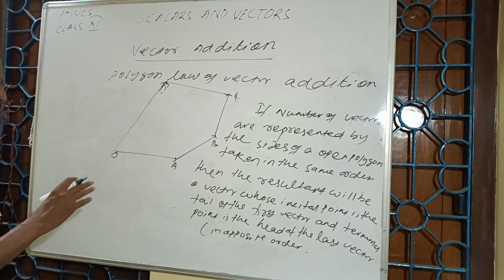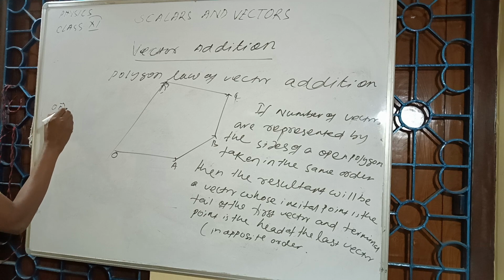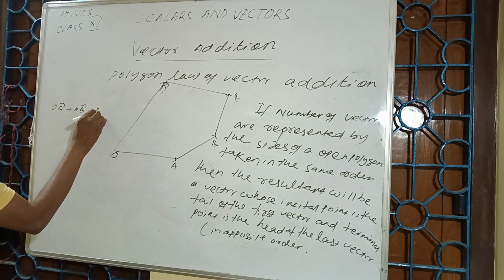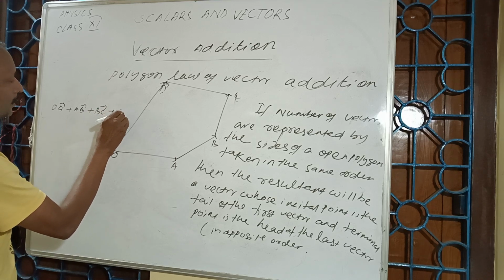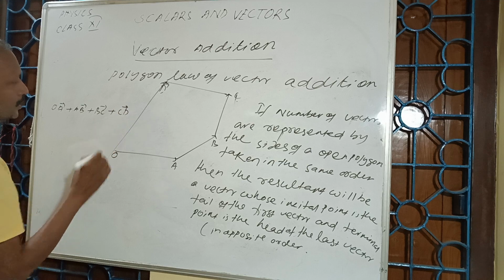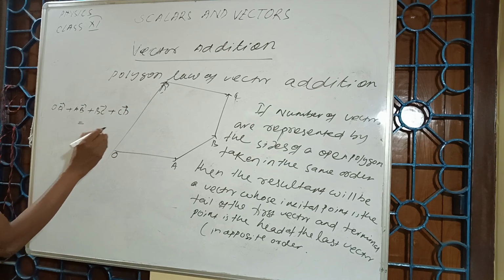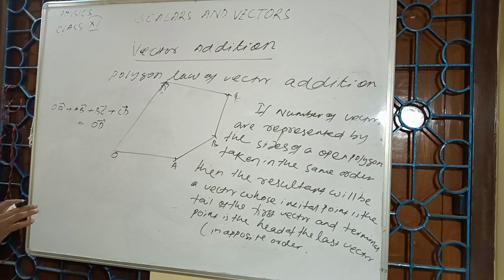For example, I am writing OA plus AB plus BC plus CD. The resultant vector is OD.